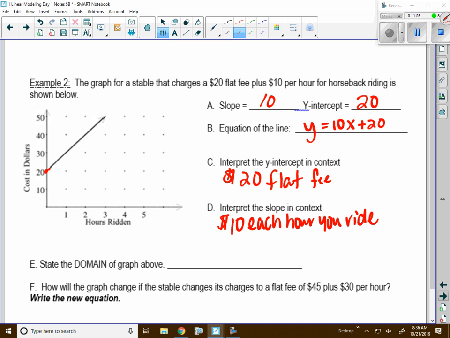Okay, is the number of hours capped? Like, will the number of hours that you ride stop? No. So we can assume that there would be an arrow on the end of that graph. I want you to see if you can write the domain.